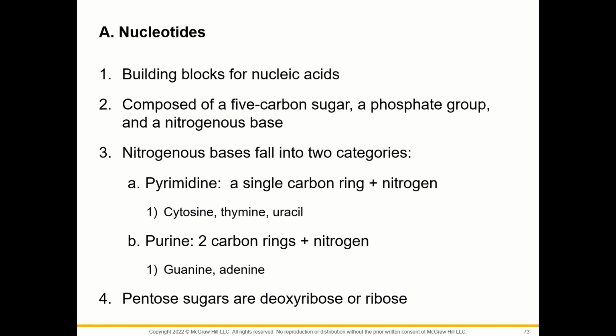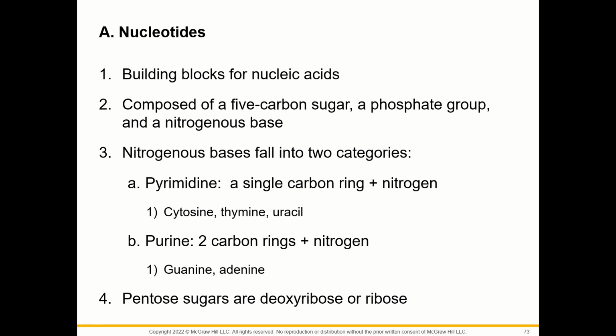The nitrogenous bases are going to fall into 2 categories, a pyrimidine or a purine. A pyrimidine is a single carbon ring plus nitrogen. I think of that as like a pyramid, one structure. So a pyrimidine is a single carbon ring with a nitrogen added to it, and examples of that are cytosine, thymine, and uracil.